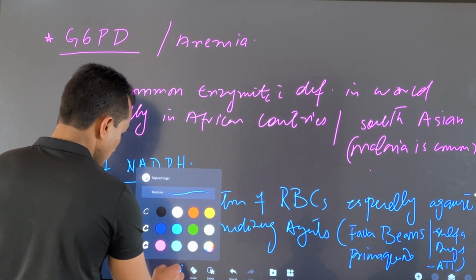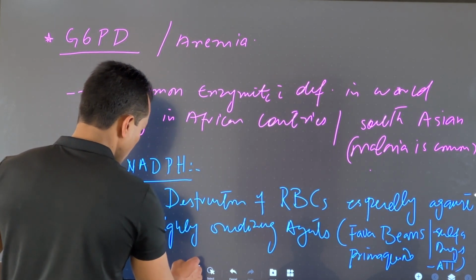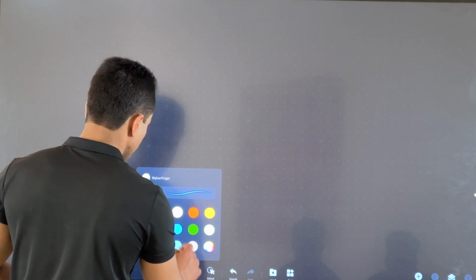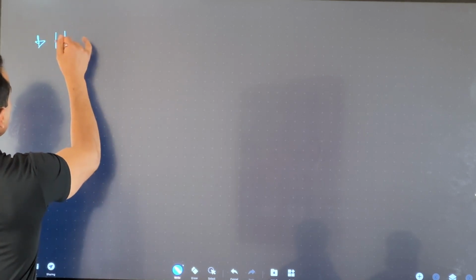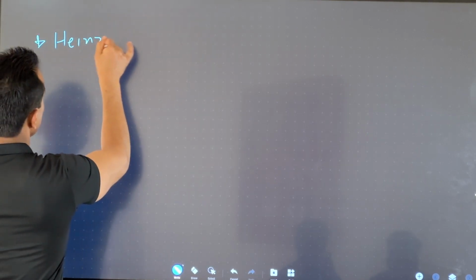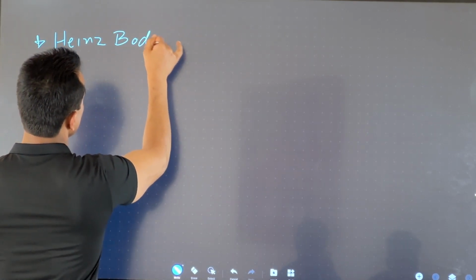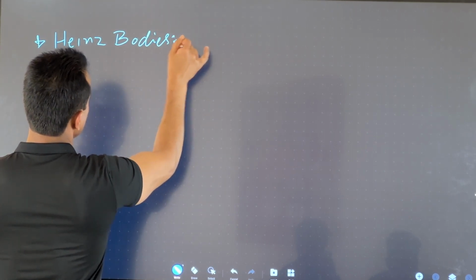Now when there is severe destruction of these blood cells, you get what are called Heinz bodies. So what are Heinz bodies? This is also sometimes asked in your exam.